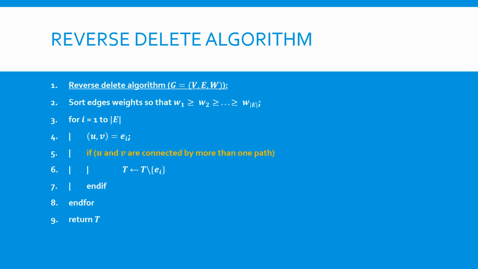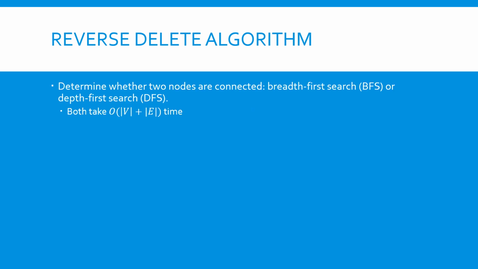Finally, let's look at the reverse delete algorithm, where we need to decide whether two nodes are still connected after removing an edge. To do so, we can use the breadth-first search or the depth-first search algorithms, which traverse the graph from one node and check if they can reach the second node. Both algorithms run in O(V + E) time.